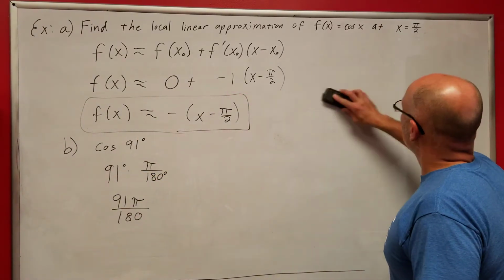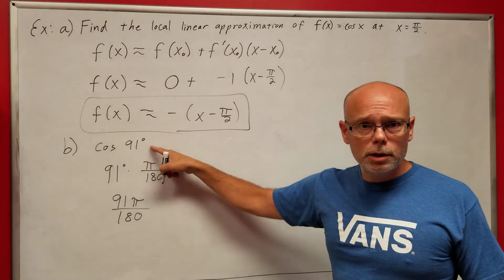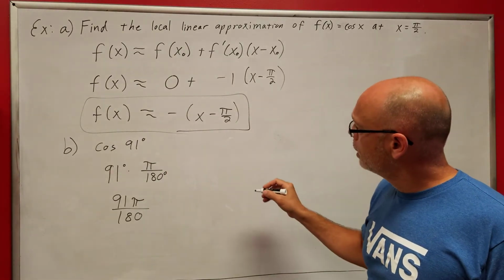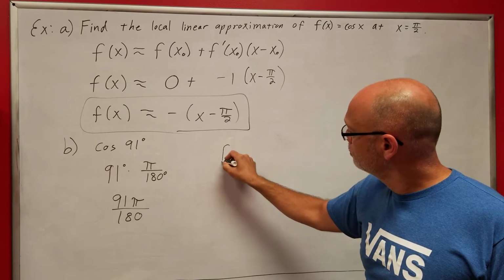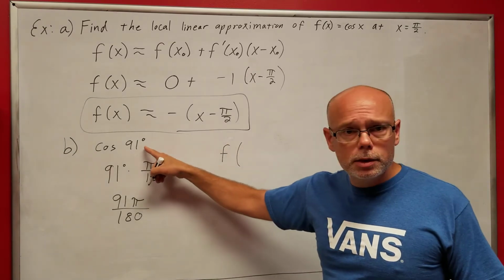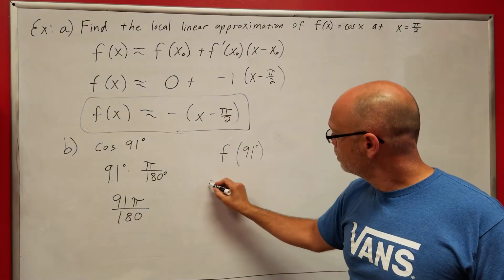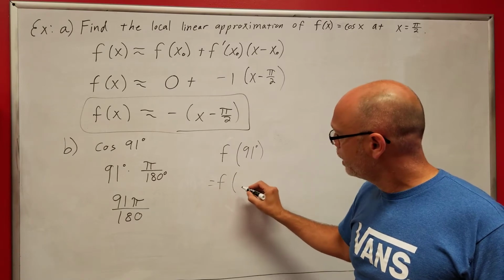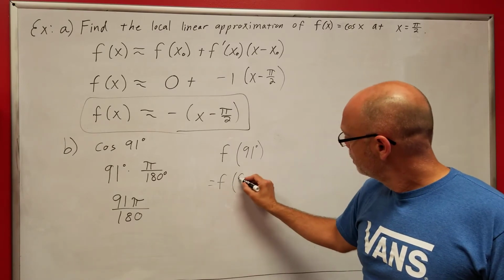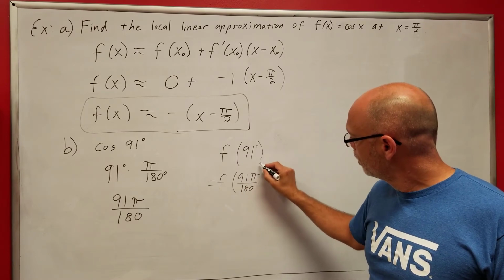So to approximate the cosine of 91 degrees, like what I'm trying to do in part B, I'm going to say f evaluated at 91 degrees is equal to f evaluated at 91 pi over 180.